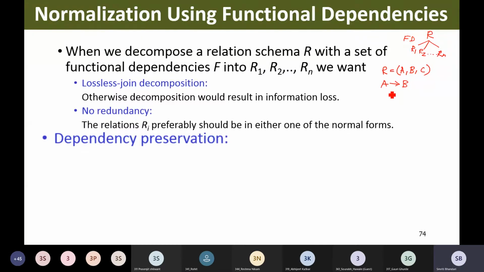Whenever we are performing any update in this relation, suppose I am inserting data in this relation, then every time there is an update in a relation, the functional dependencies in the set of functional dependencies are tested for violation.